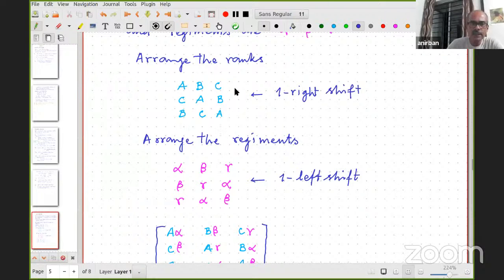We would call these arrangements Latin squares. We will see the formal definition later, but these arrangements are Latin squares. Just note that all three letters A, B and C appear in each row and each column, exactly once in each row and exactly once in each column.